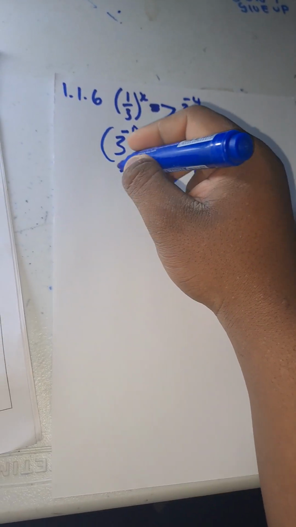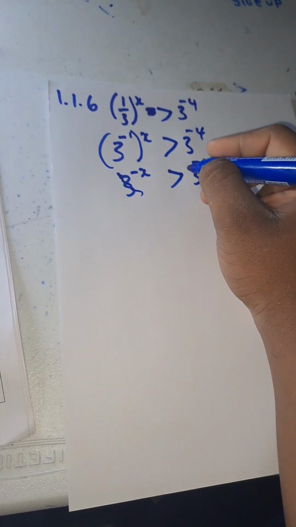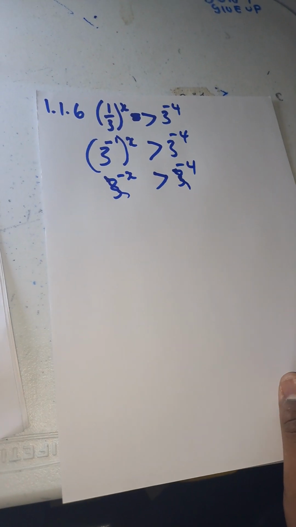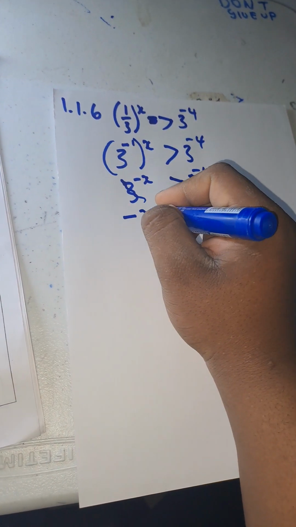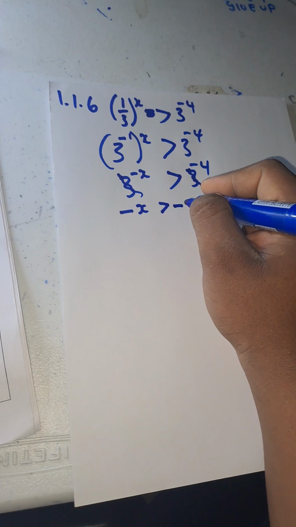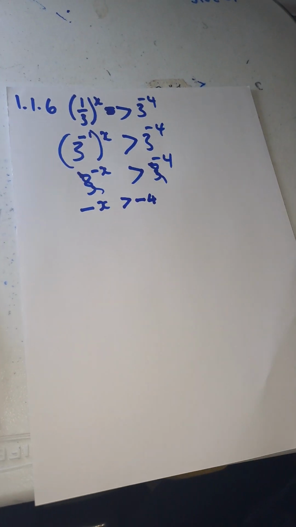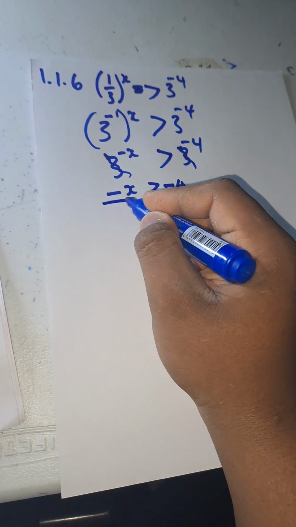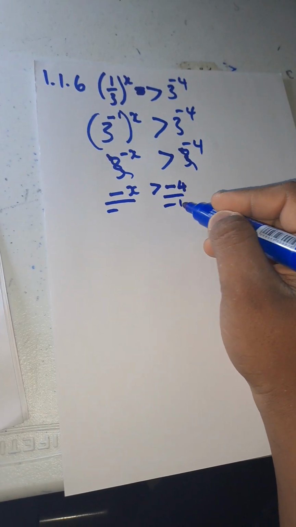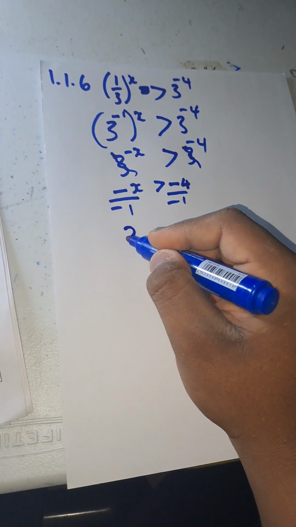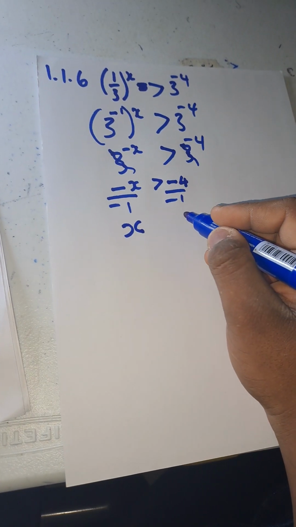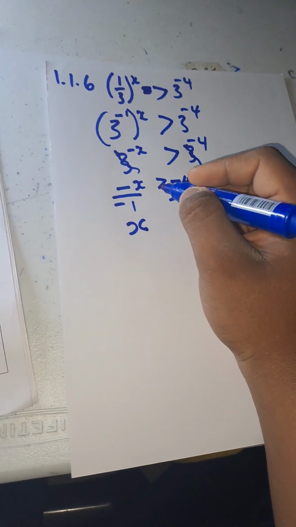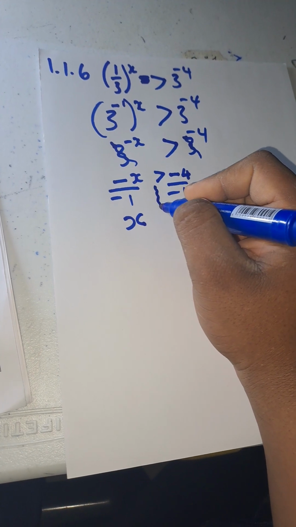Then when you are here, you know that same bases are going to be eliminated. My minus x is greater than minus 4. But remember what I said: you cannot say your answer is negative x. You have to divide by a negative 1. Then my x is now 4. But remember what I said about the inequality sign.